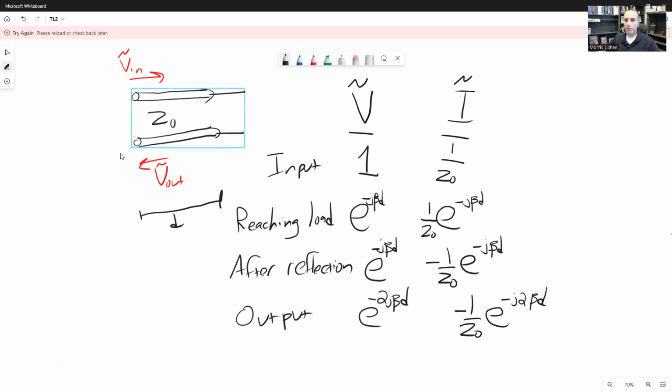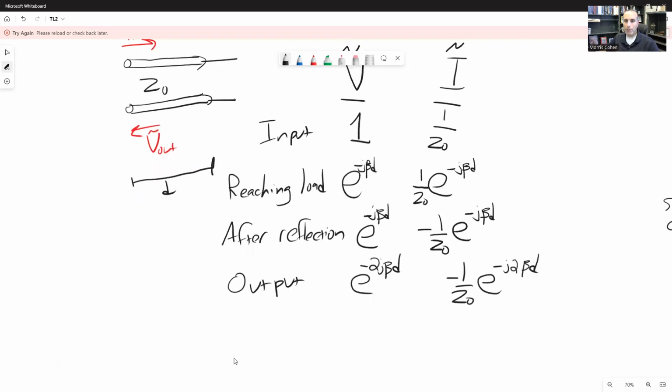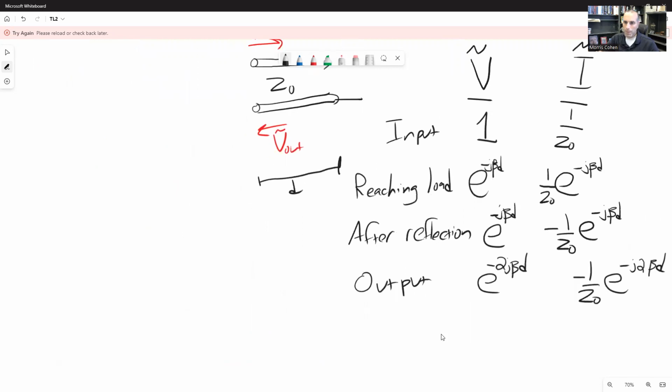All right. So now we can write out the definition of Zin. Zin equals Vin plus V out, keep these as phasors, divided by Iin plus I out. All right, and let's just write down the definitions here.